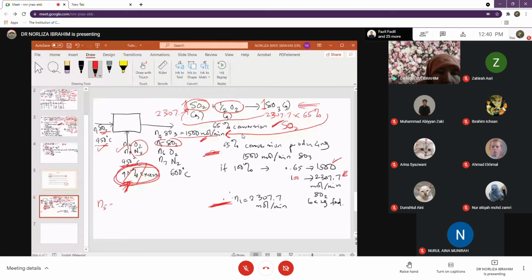N5 is unreacted SO2. Okay, you can calculate. There are two ways to calculate it: from the feed, 2307.7 is the one you fed, minus the 1500 SO3 produced, because they are equivalent 1 to 1.